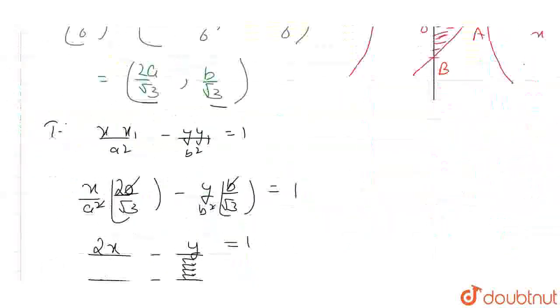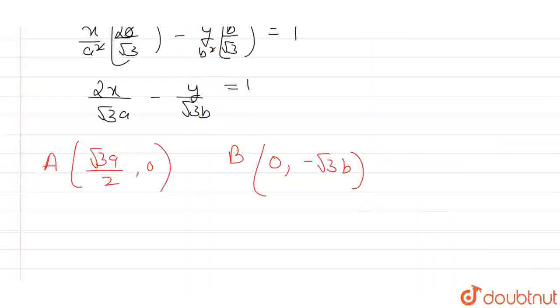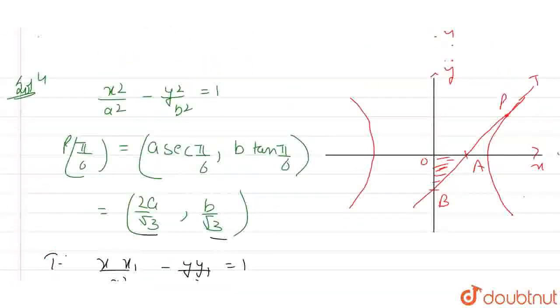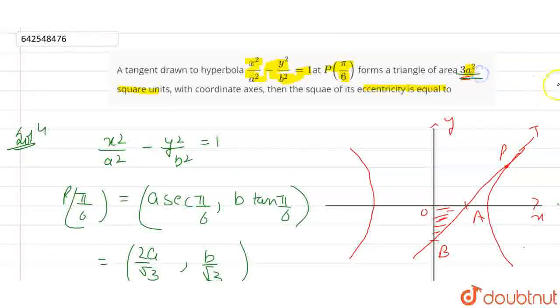Now I know that the area of triangle OAB equals half of base into height. The base here is root 3a by 2, into the height, which is root 3b on the negative y axis. It is given in the question that the area is 3a square.